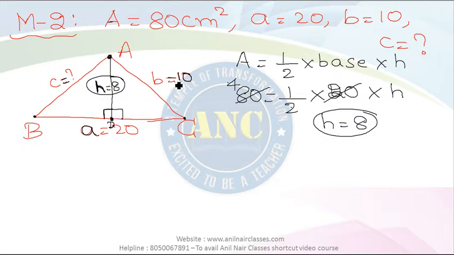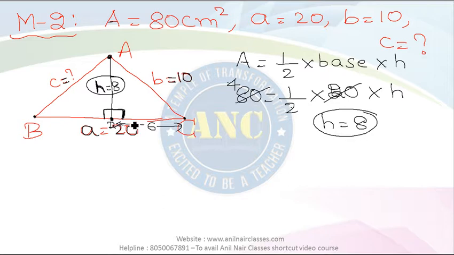And this value is 10. And it's a right angled triangle. Which Pythagorean triplet will satisfy 8 and 10? The other value should be 6 only, right? Because 6, 8, 10 form a Pythagorean triplet. That means DC value is 6. BC totally is 20.